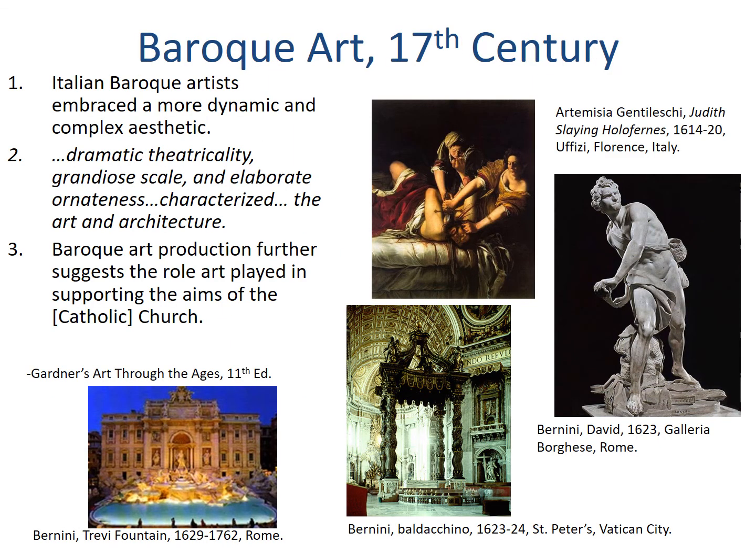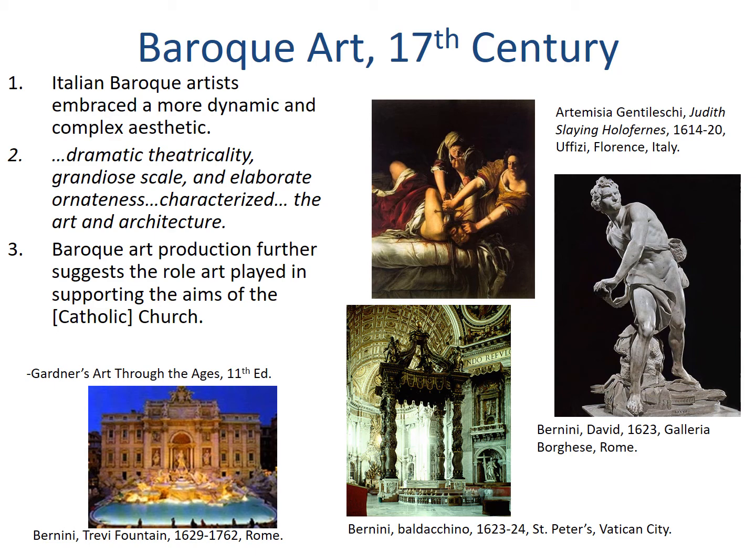Baroque art in the 17th century will start with the Italian Baroque artists that embraced a more dynamic and complex aesthetic. Really, the Italian Baroque artists were born out of the Mannerist movement. You see dramatic theatricality and grandiose scale in Baroque art. You see elaborate ornateness characterizing the art and architecture of the period.